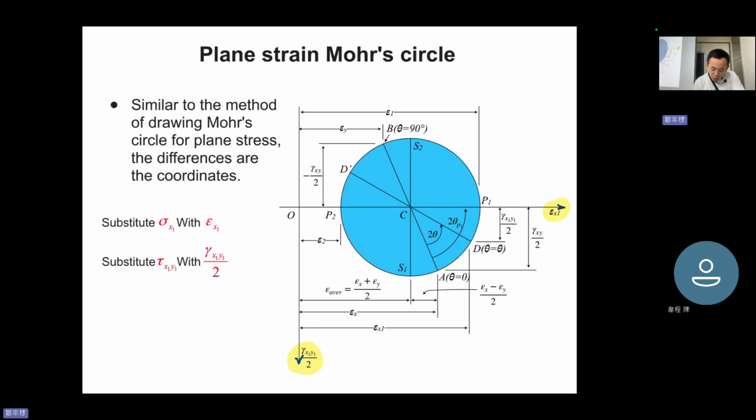And I want you to emphasize here that your sigma x1 is of course replaced with epsilon x1 in the plane strain case. But y1 you need to divide by 2. So you need to be a little bit careful here.